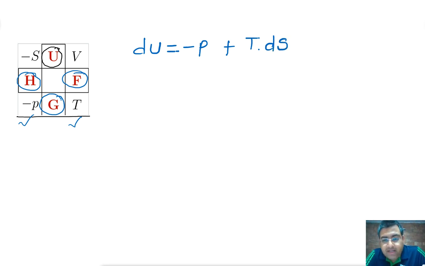Whereas the diagonally opposite element for P is V, so we will write dV. So this is the first Maxwell equation: dU is equal to minus PdV plus TdS. Okay, so this is how you can derive, or I would say memorize, Maxwell equations.